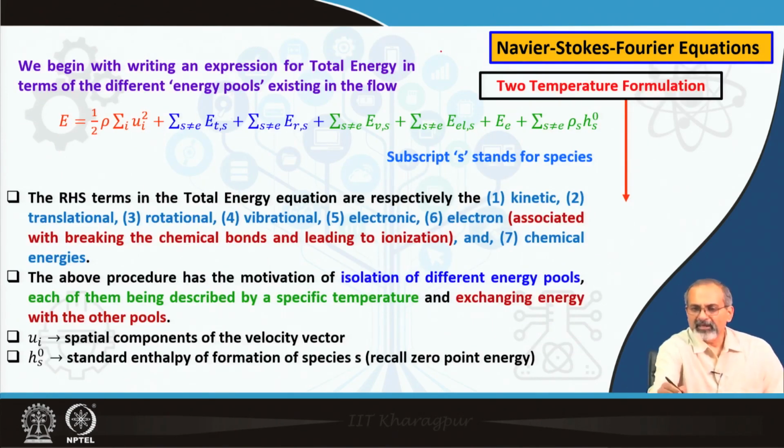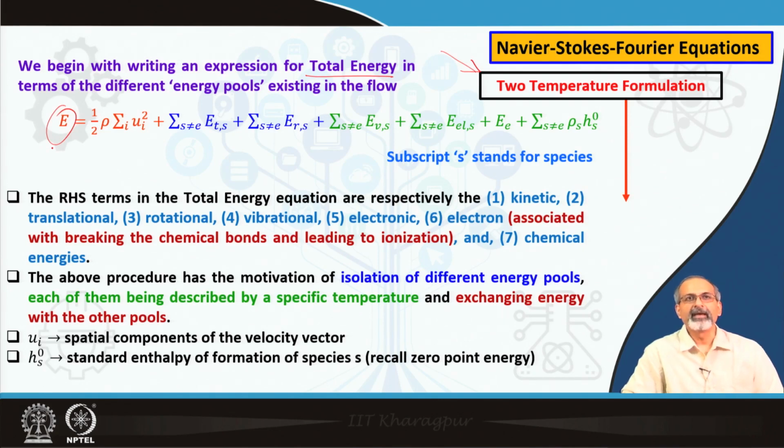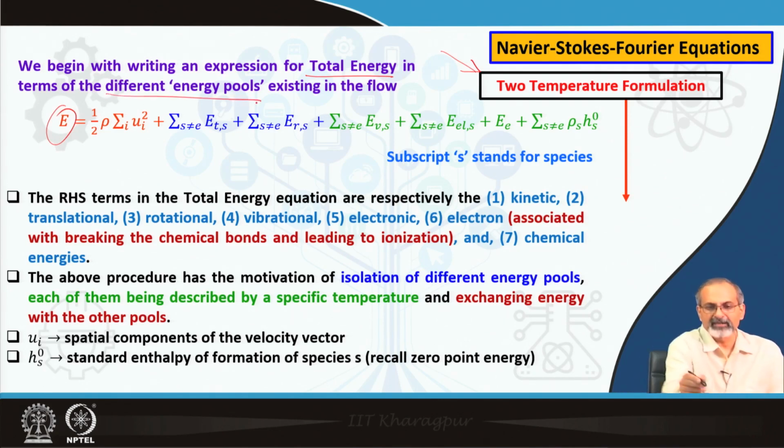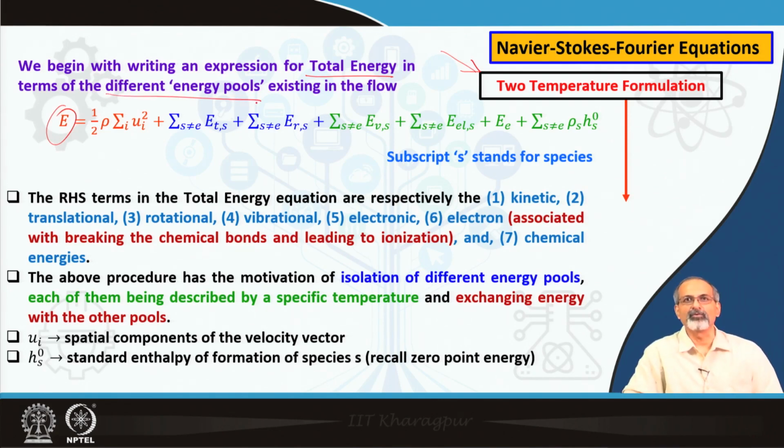Going to the implementation of the two temperature formulation, let us see how we do it. We begin with writing an expression for the total energy. Recall that the expression that was used was capital E in terms of the different energy pools existing in the flow. So, let us see what they are.